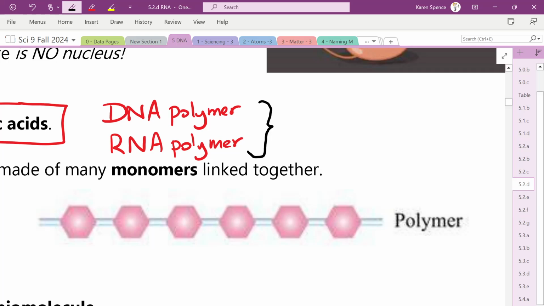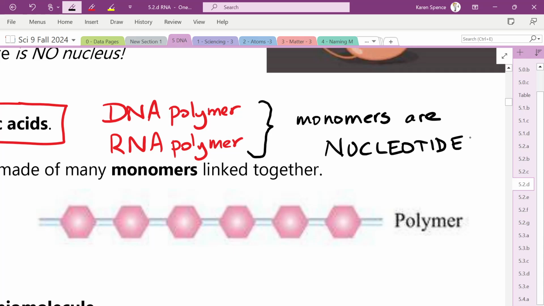The nucleotides. Remind your partner, what are the 3 things that a nucleotide is made of? Sugar plus phosphate plus base, yes.